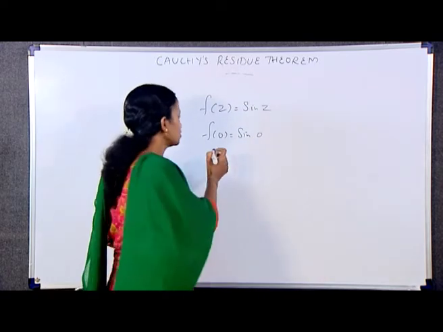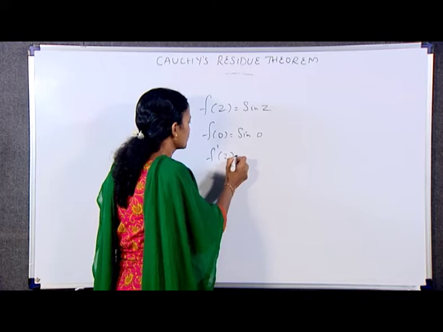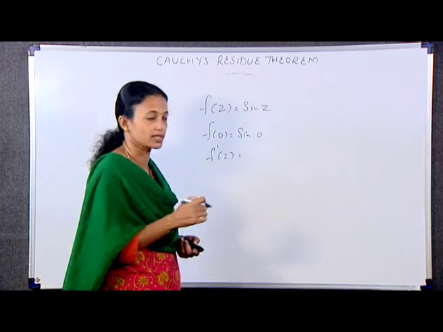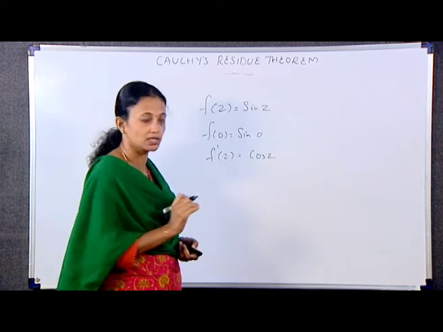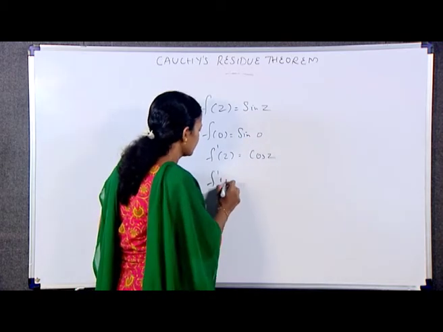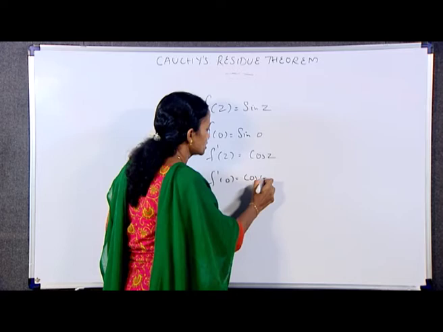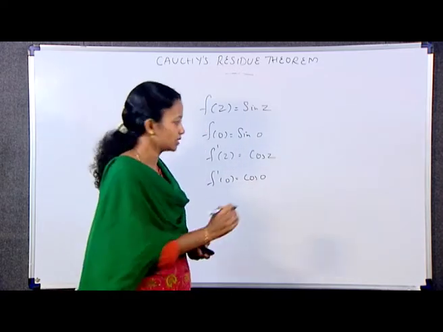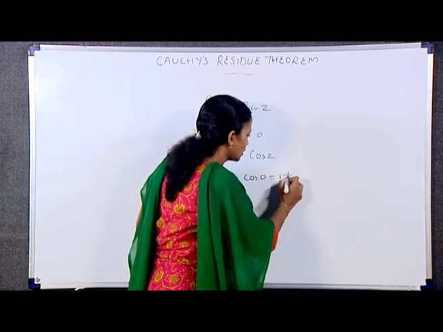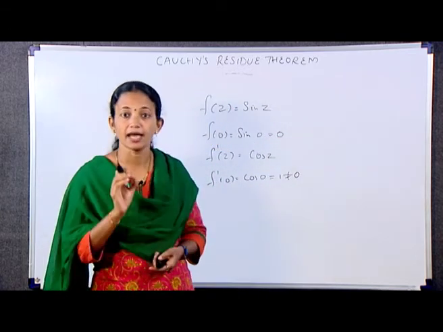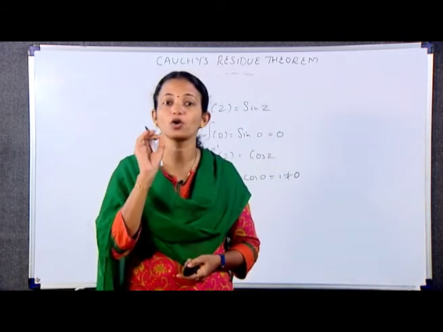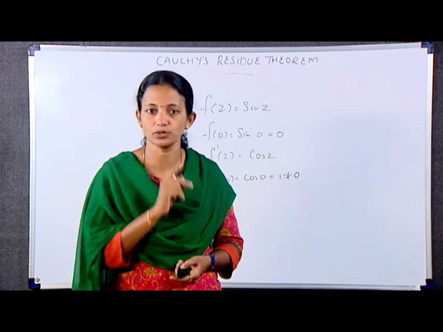And f dash of z, the derivative of sin, is cos z. And f dash of 0 is equal to cos 0, which is equal to 1, that is, not equal to 0. Hence, f has a zero of order 1 at z is equal to 0.